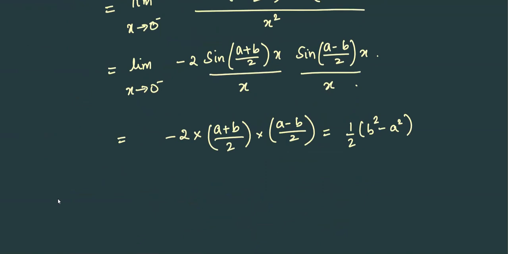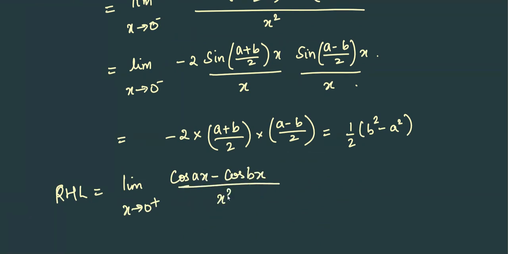Similarly, the right hand limit will be exactly the same. You will exactly get half (b square minus a square), same steps.